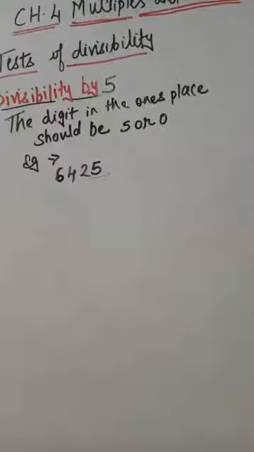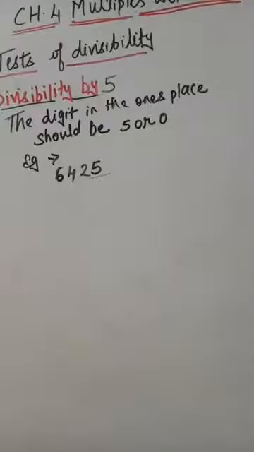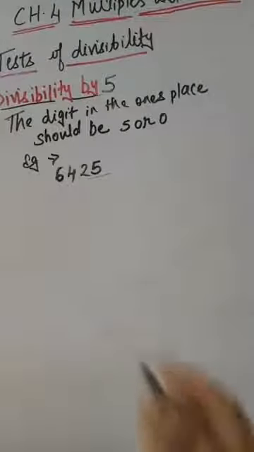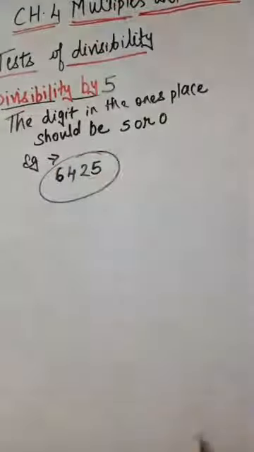You are not going to do the sum. No addition, no sum. If you are not able to see, I will read the number for you. We are going to do the divisibility by 5, and in that we check the ones place. The given number is 6425. No addition.